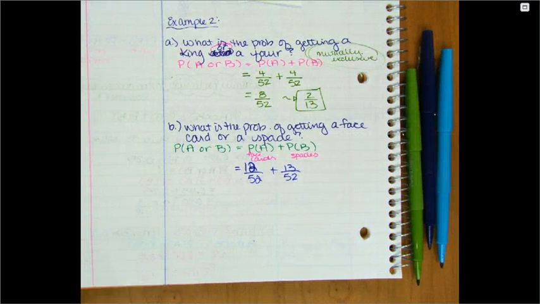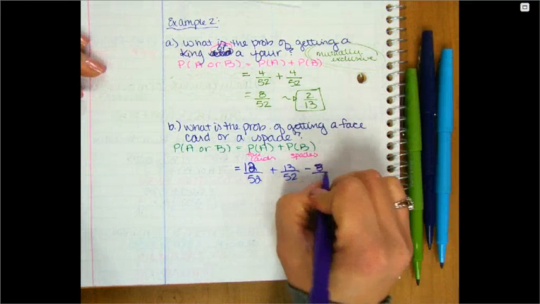What did you notice? Why? So here's my face cards, but these 3 have to go over here, right? But then here's my spades, and then these 3 also have to go back over there. So what do you have to do? Subtract out which one? The face cards that we repeated twice, which is 3 out of 52.